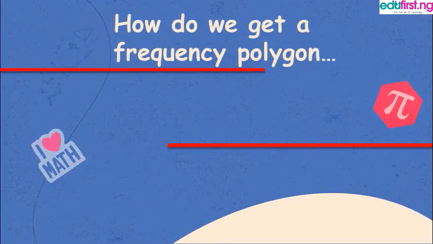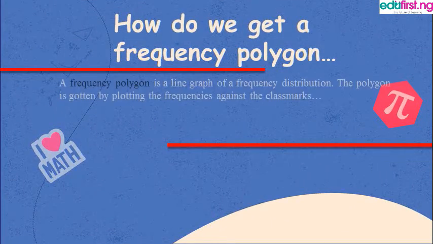So how do we get a frequency polygon? A frequency polygon is a line graph of a frequency distribution table. So what we usually get is we plot the frequency against the class marks. We have the frequency, we have the class mark, we have a graph.